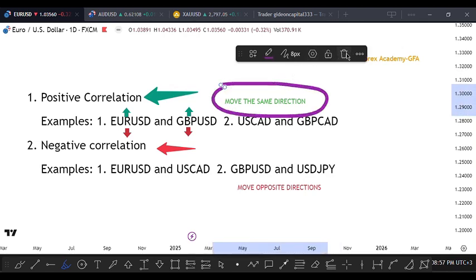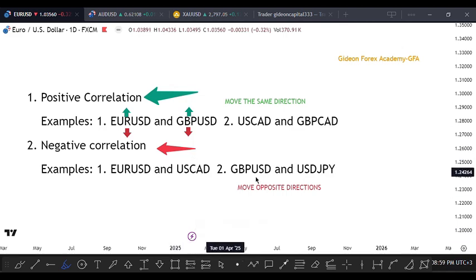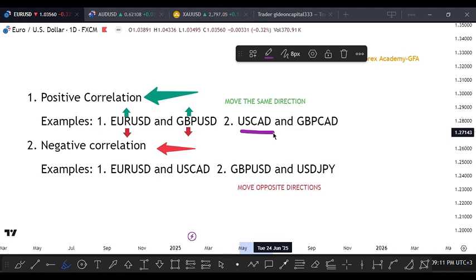Now the second example, which is two other pairs that have a positive correlation, is USD/CAD and GBP/CAD. When you have a pair like USD/CAD and GBP/CAD, they also have a positive correlation.